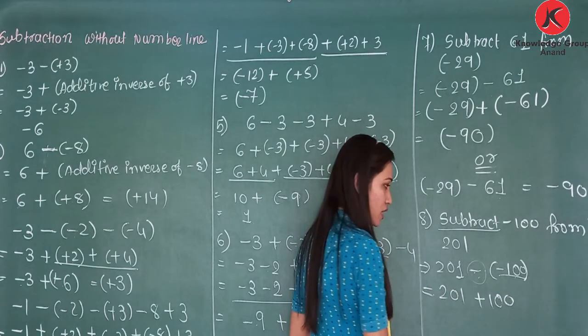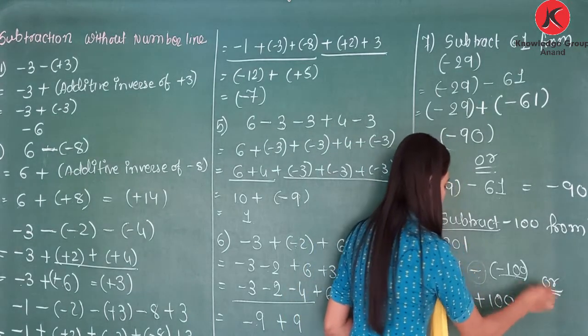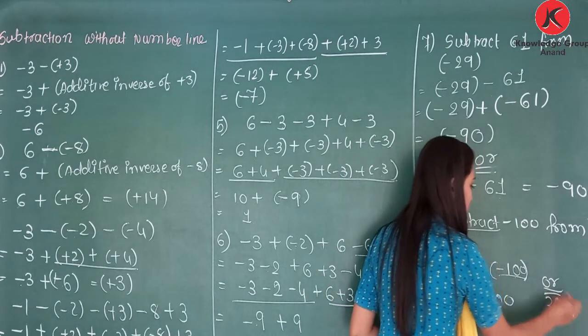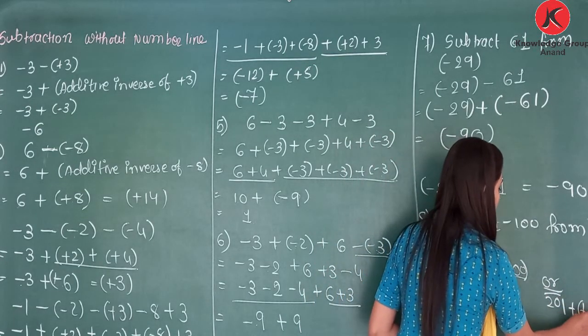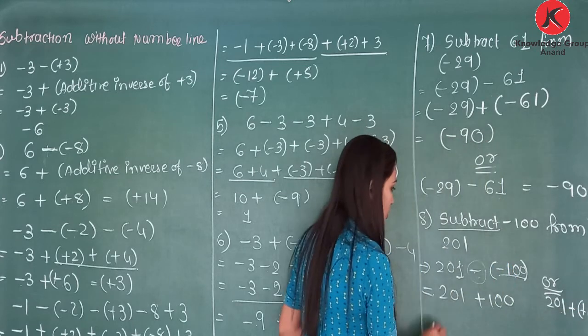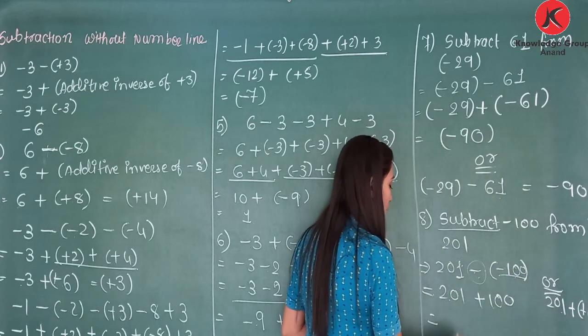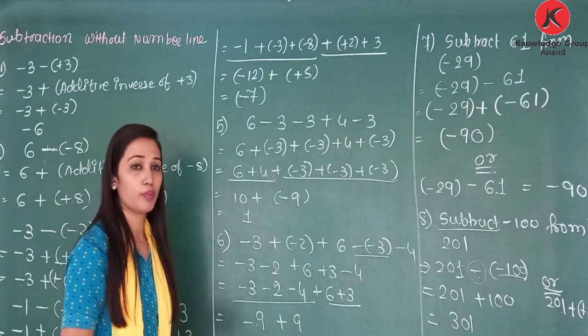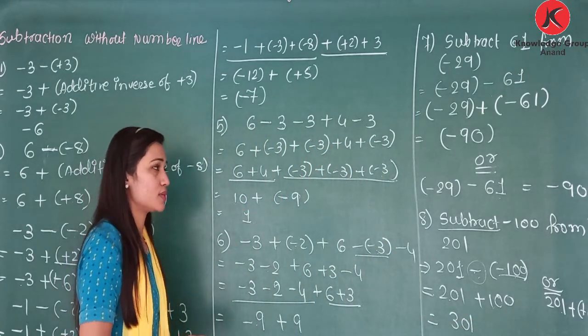Or you can say here 201 minus become plus, additive inverse of 100 is plus 100. Then it is same. So 100 plus 201 is 301. So this way you can solve the example without number line of subtraction.